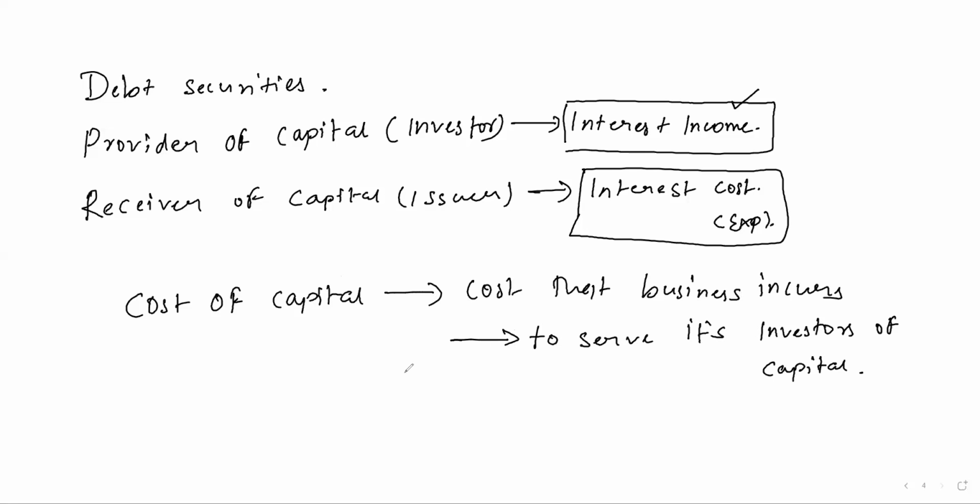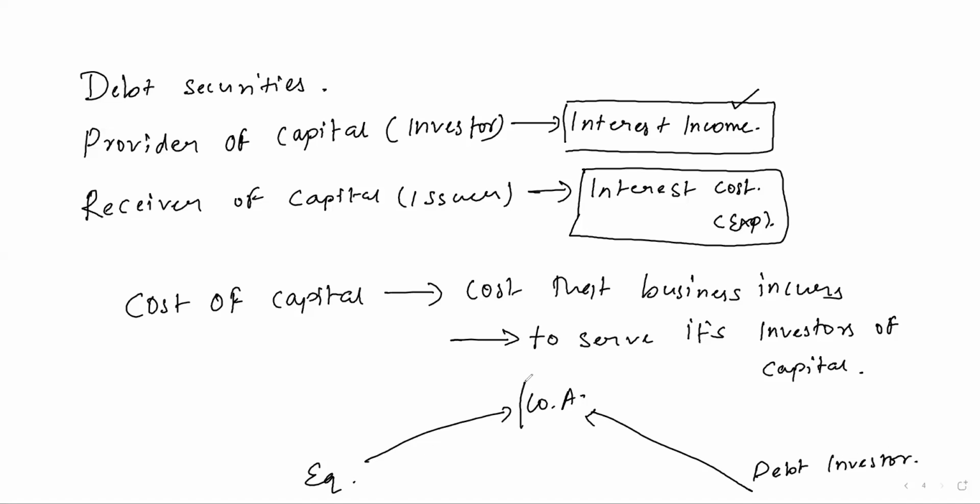Basically, if I am investing in company A as an equity investor, and if someone else is investing in the same company as a debt investor, the return that company A is not obligated, but expected to provide its equity investors is called cost of equity. The returns that company A is obligated to provide to its debt investors is basically interest expense and also called cost of debt.